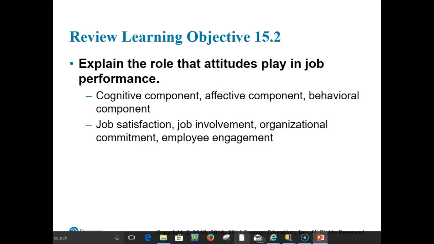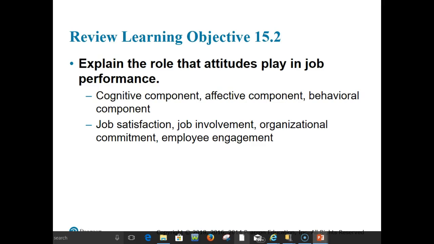And then organizational commitment is the degree to which an employee identifies with a particular organization and its goals and wishes to maintain membership in that organization. Remember that employee engagement is when employees are connected to, satisfied with, and enthusiastic about their jobs.